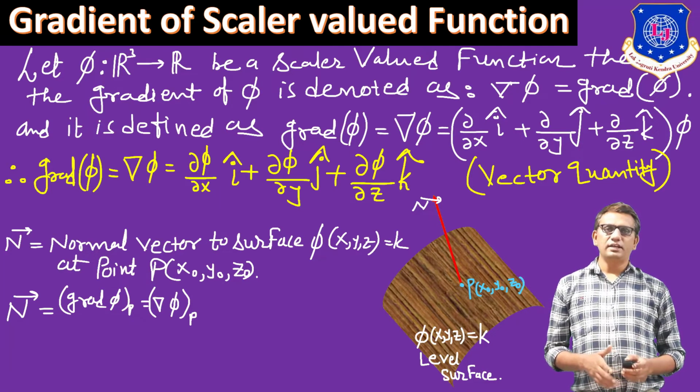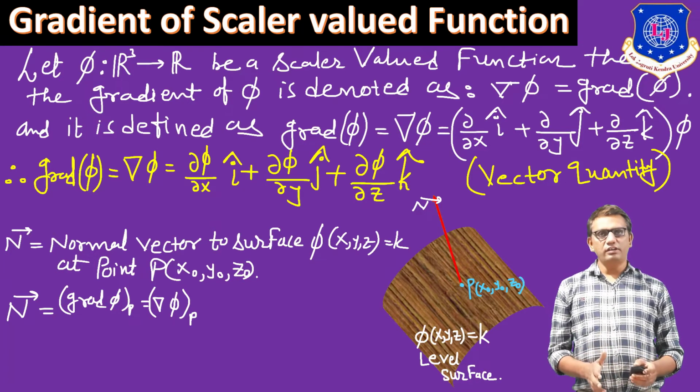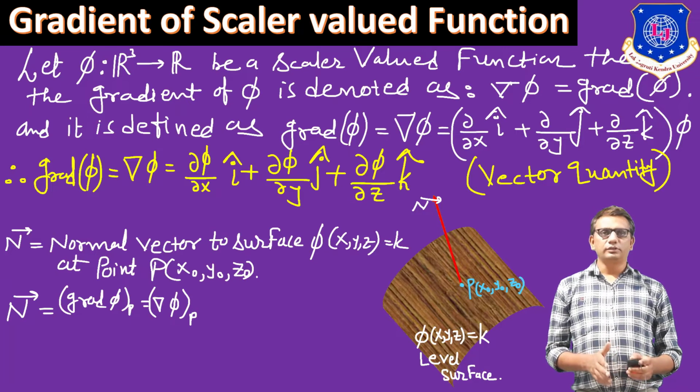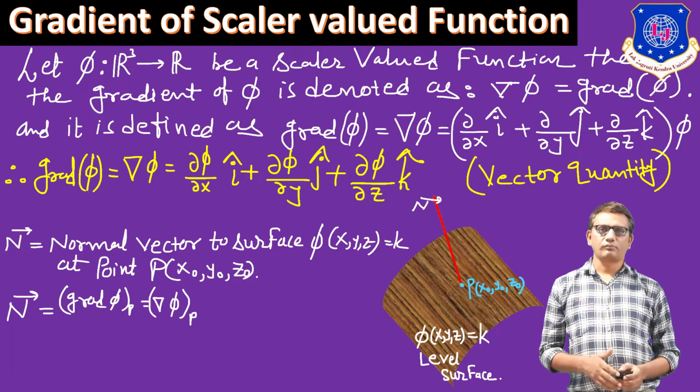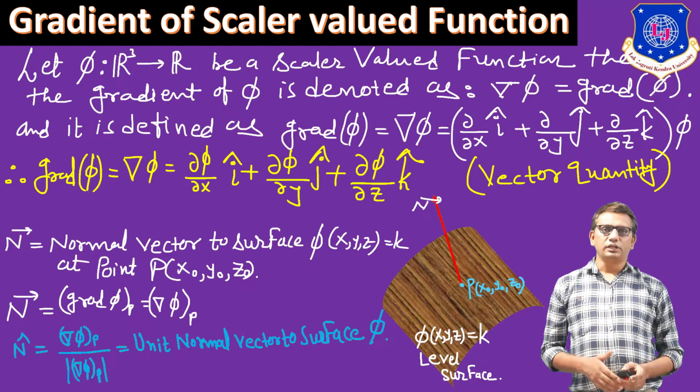Generally, the direction depends on the partial derivatives of our function. Now we want to find the unit normal vector to a surface, and it gives the maximum rate of change of phi in the direction of the normal vector.